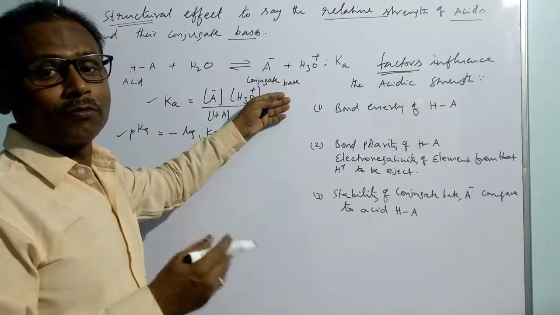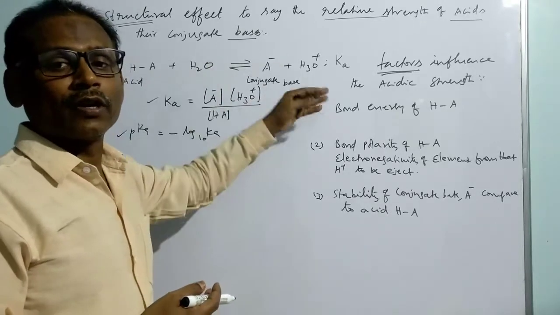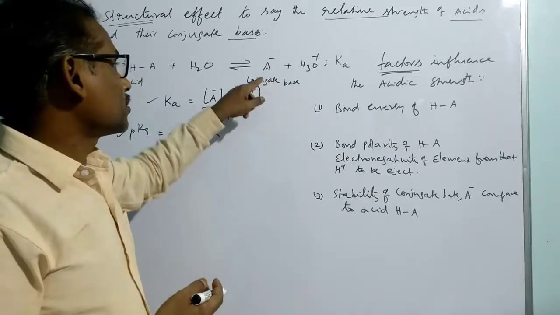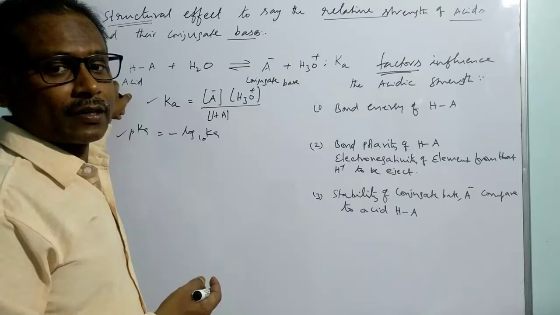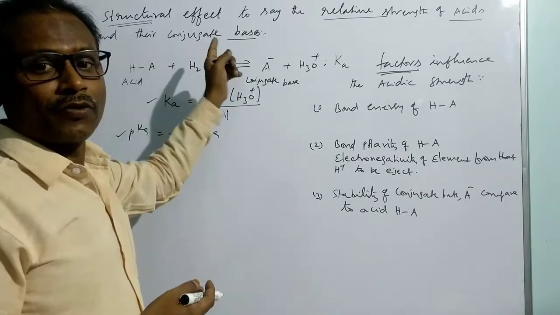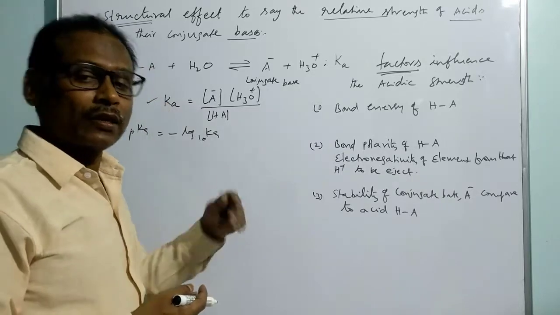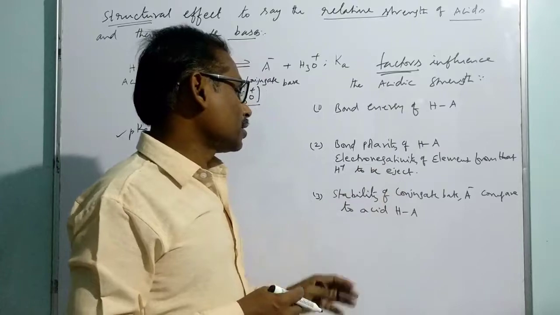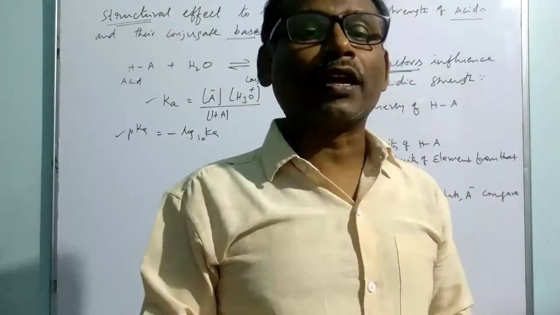If the base is more stable than the acid, then the reaction is driven to the right and the strength will be higher. When the stability of the conjugate base is more than that of the reactant, that is the acid, the reaction is driven to the right, meaning more proton is transferred, more ejection of proton, and the acid strength will be higher. So the stability of the conjugate base is also one of the important factors for the strength of an acid.